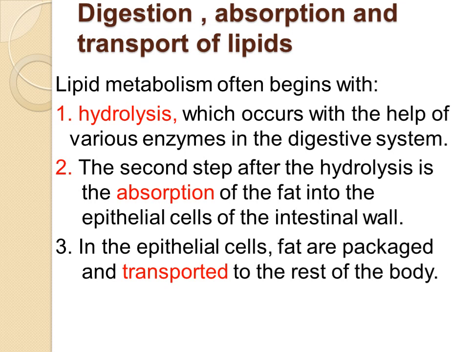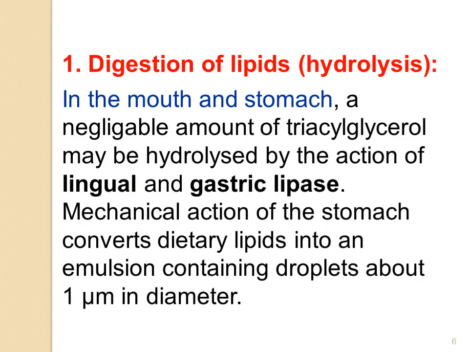The third step, in the epithelial cells, fat is packaged and transported to the rest of the body. إذن الخطوة الأولى الهيدروليسيس، الخطوة الثانية هي الـ absorption, and the third step is the transport of the lipid to the rest of the body. Now we start with the first step, which is hydrolysis, or also called digestion of lipids.